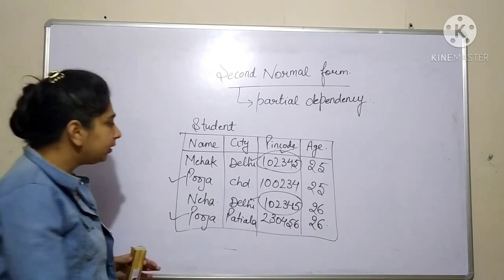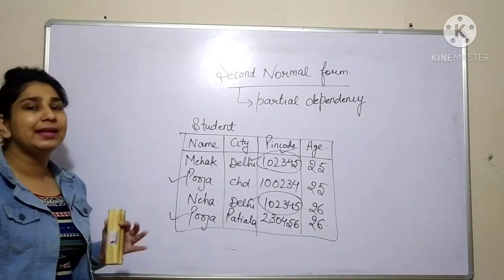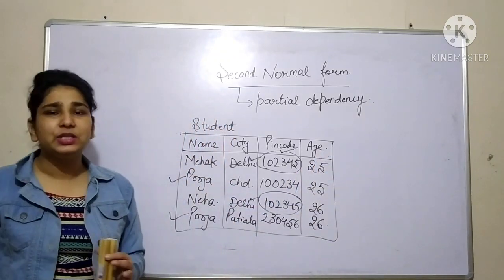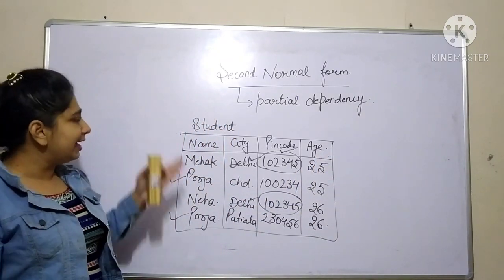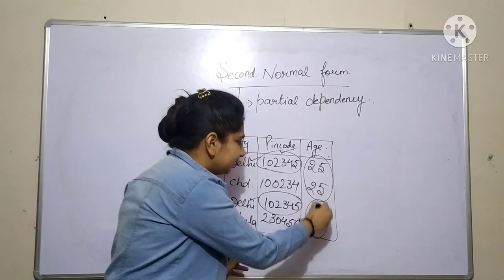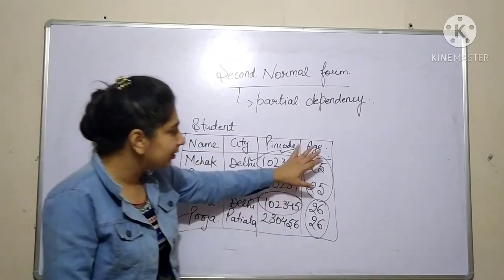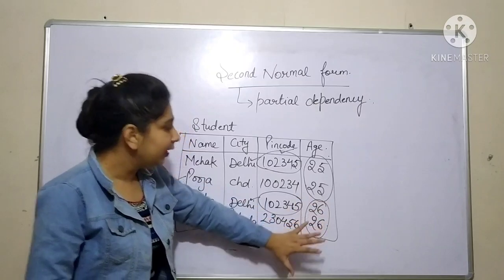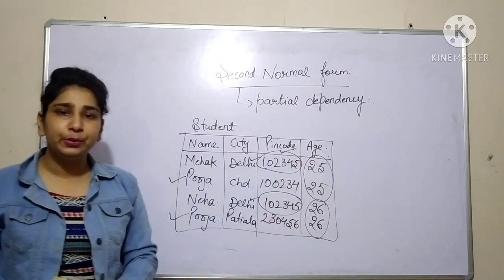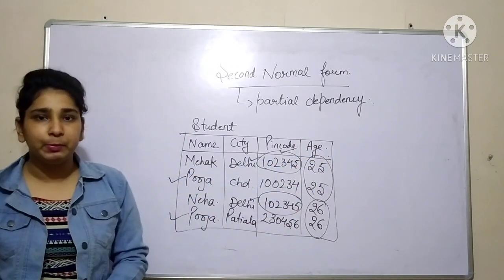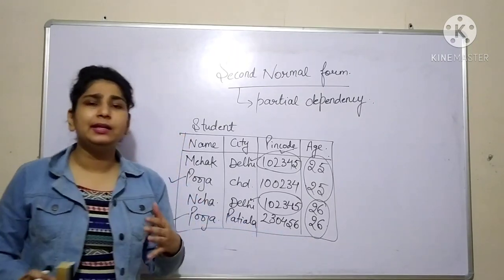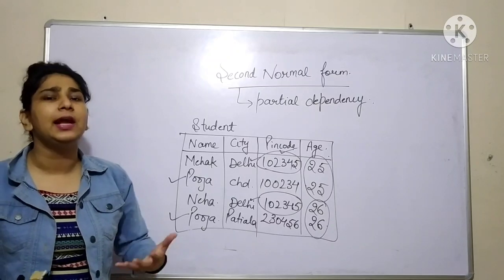Similarly, we cannot use age as the key attribute of the relation student because we have duplicated data. All the fields are not unique. So we cannot use age alone as the key attribute. Individually, we cannot use any attribute as the key attribute.